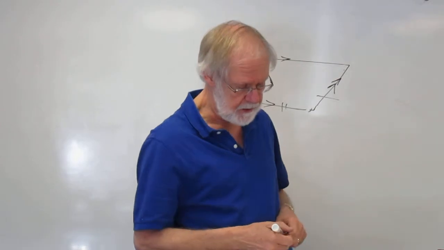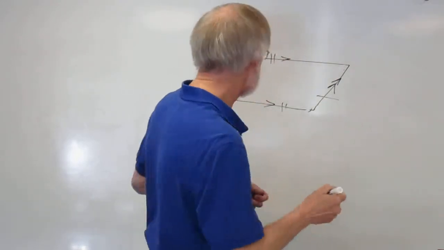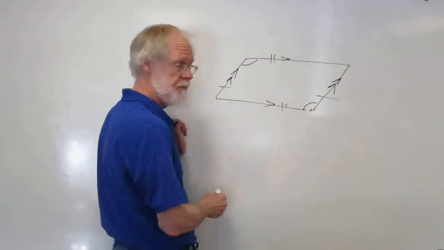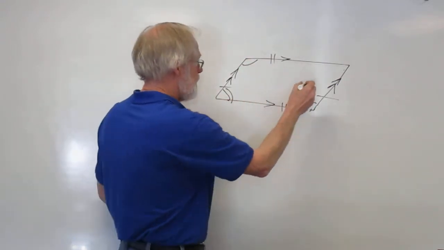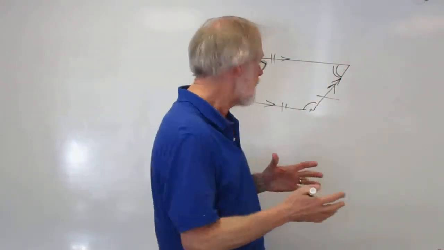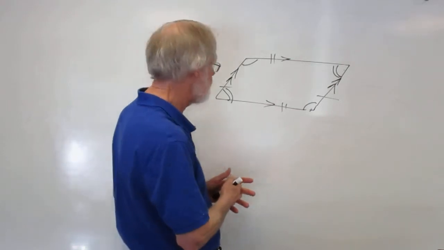If a quadrilateral is a parallelogram, then its opposite angles are congruent. So this and this are going to be congruent, and this and this are going to be congruent. And that, by the way, has to do with the parallel lines that we were talking about earlier.